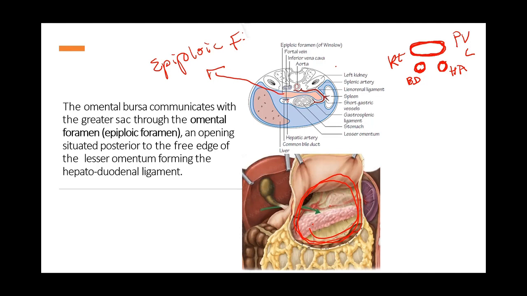Temporarily, you do what is called the Pringle maneuver. You do the Pringle maneuver. You insinuate your index finger into the foramen Winslow and the thumb above this.